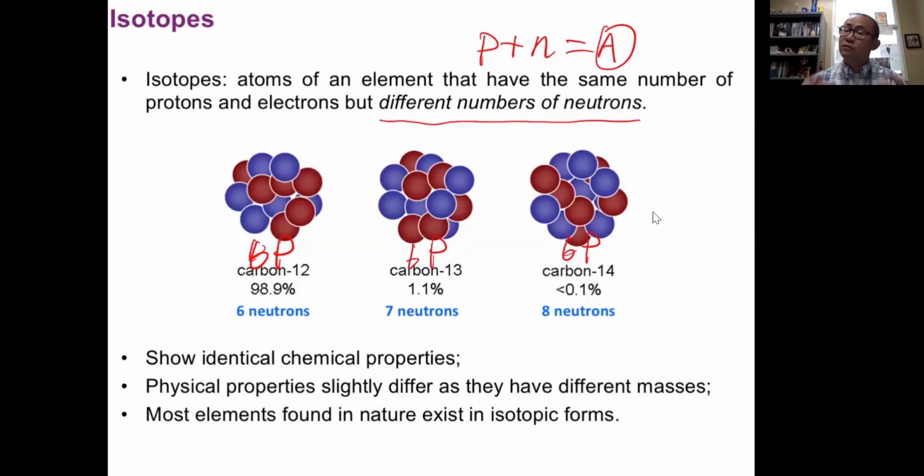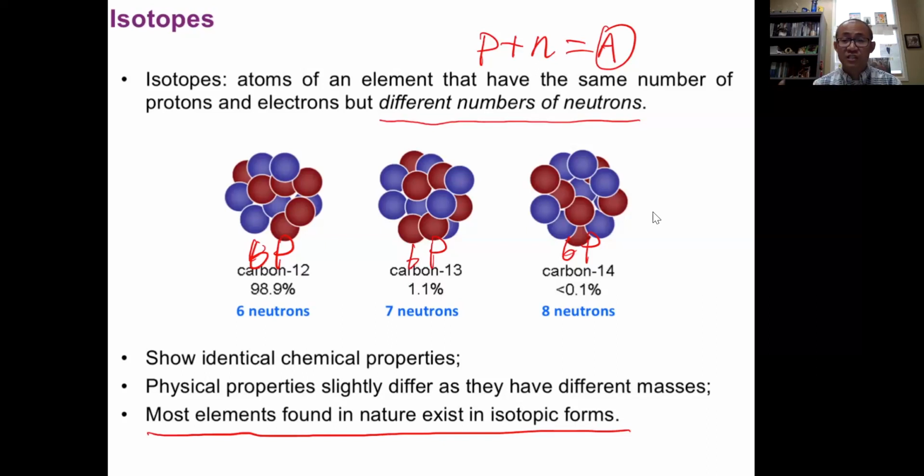And these isotopes generally have identical chemical properties. The only difference is that they have different masses. Also, the isotopes in nature of the same element come in different percentages. We'll talk about that in a very short time.